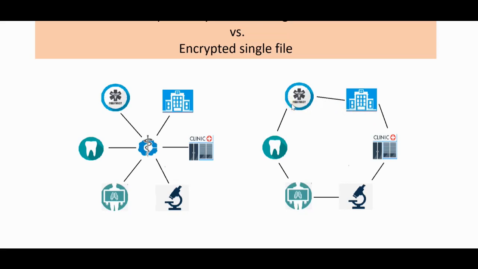The same goes for the pharmacy, the dentist, the imaging, and the lab facilities. On the other hand, in Unified Medical File, everybody looks at the same page and reads and writes from the same page, and therefore, Unified Medical File does not need interoperability.